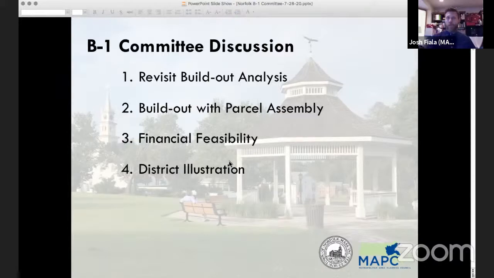What would a build out look like with a different type of parcel assembly, not the parcels that exist today, but under different circumstances that could occur in the future, and exploring those implications. Then looking at the financial feasibility through a spreadsheet analysis I've set up, though I need to clarify the assumptions with you all. And lastly, thinking about some way to illustrate everything we've been talking about.